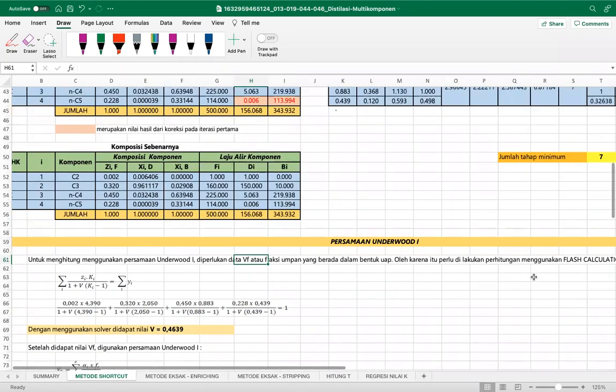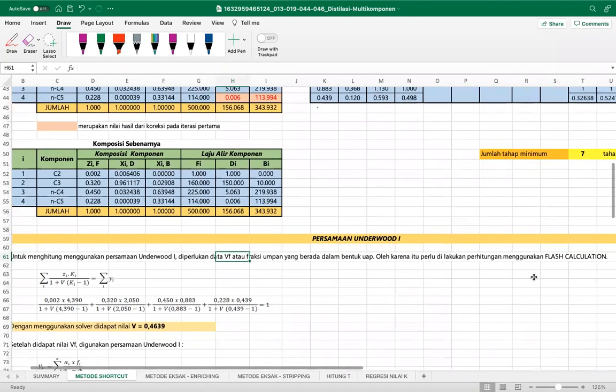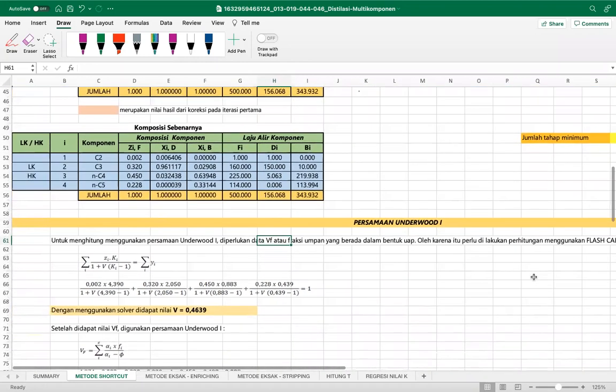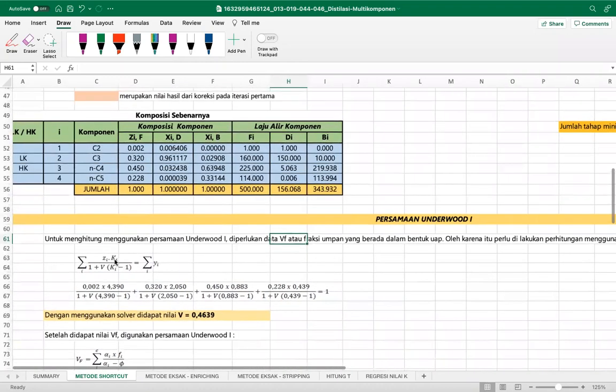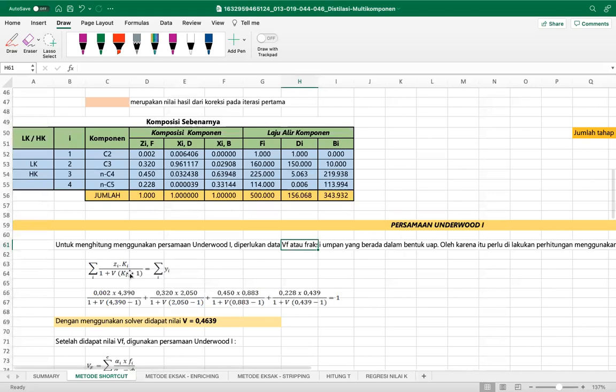Okay, you may have learned in thermodynamics before that in order to find the vapor fraction, this is the formula.